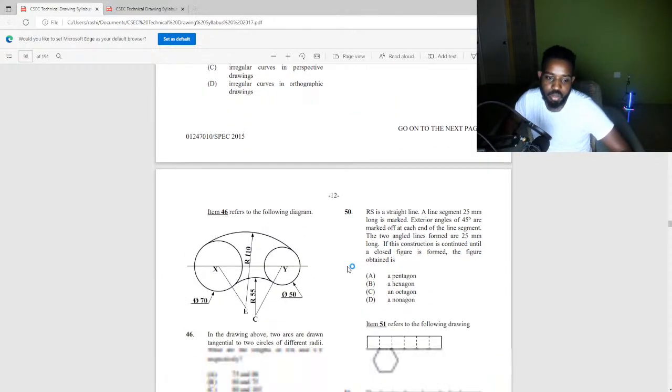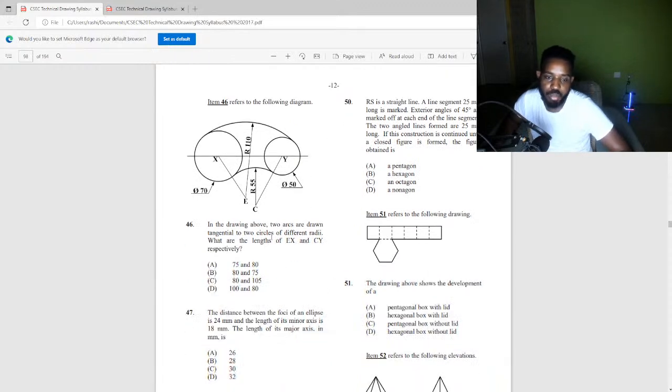All right, number 46. In the drawing above, two arcs are drawn tangentially to two circles of different radii. What are the lengths of EX and CY respectively? So this is 55 plus 25, so this is 75.